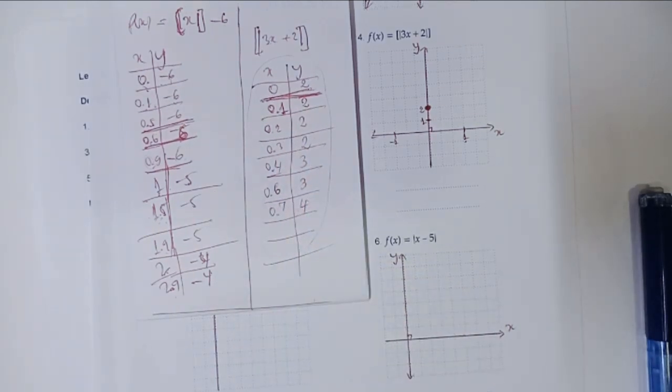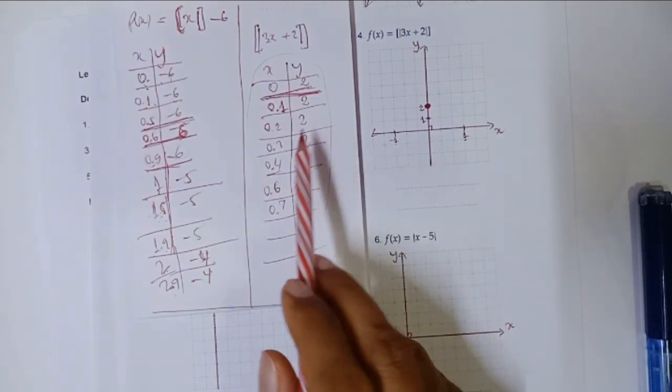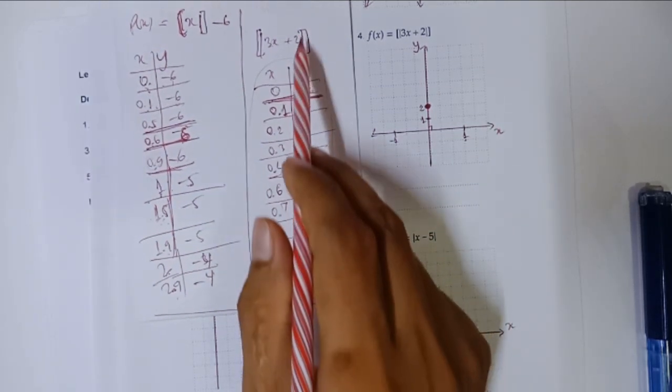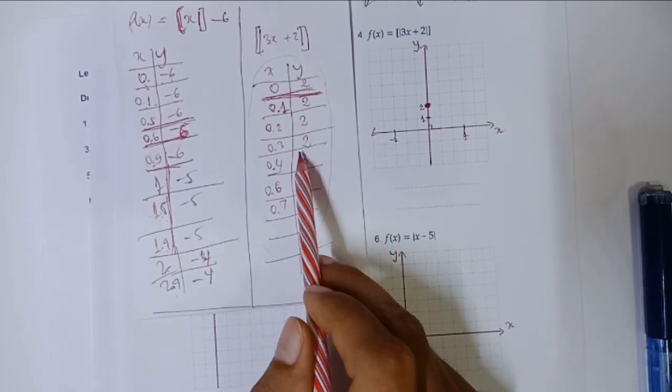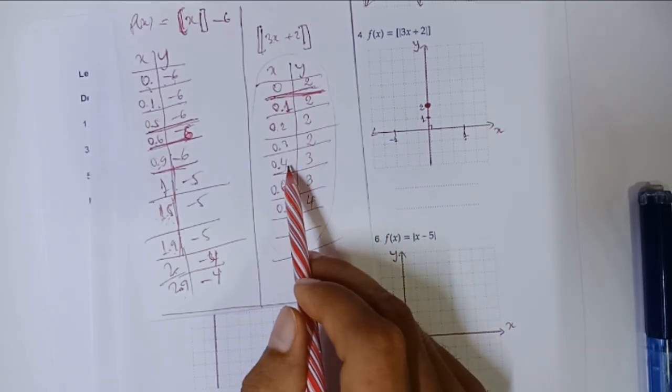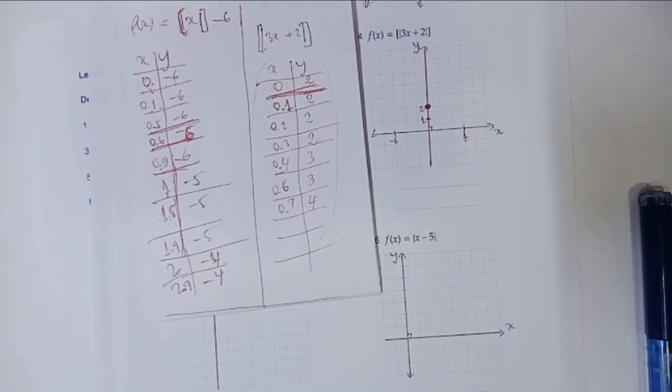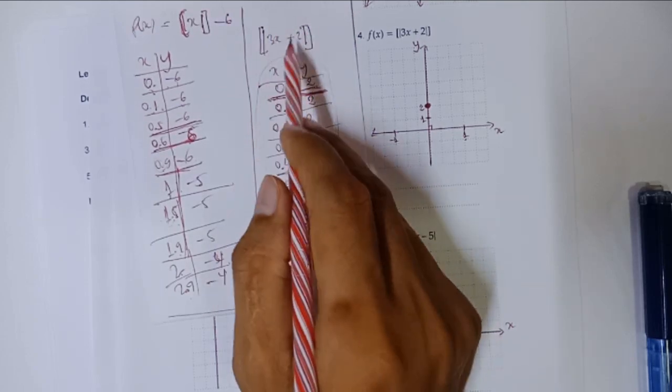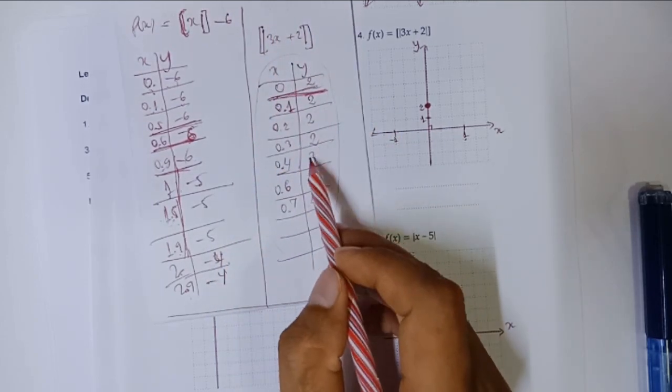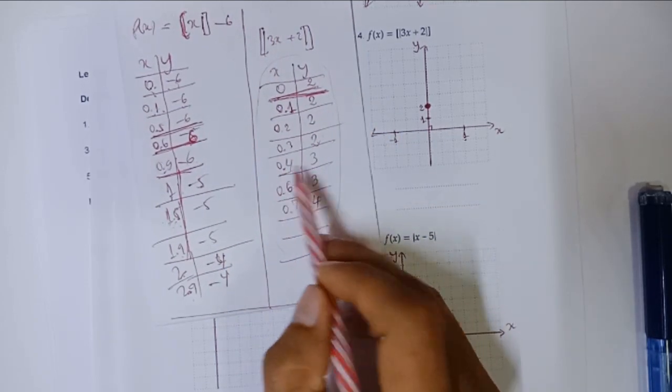Go to 0.3: times 3, plus 2, gives you 2.9. By definition of this sign, it's still 2. But when you use 0.4, 0.4 times 3 plus 2 gives you 3.2. By definition of this sign, it becomes 3.